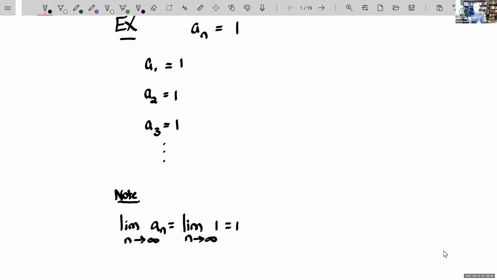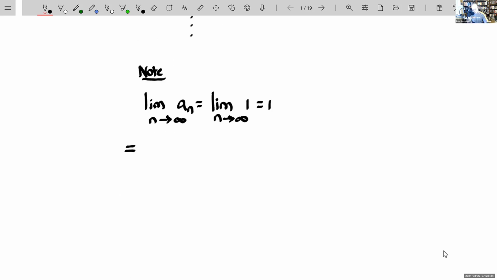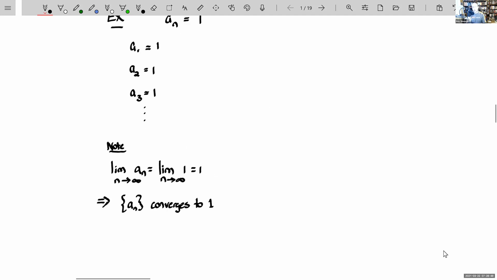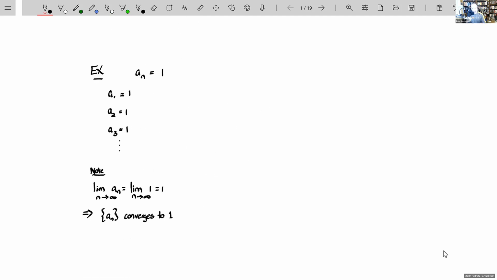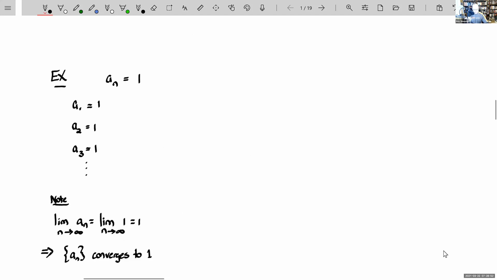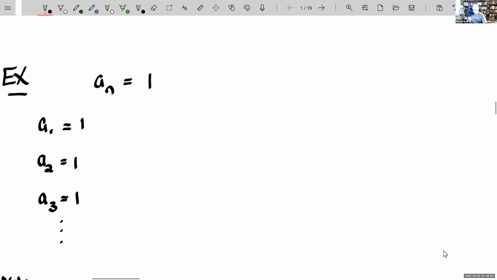The base sequence totally converges. So I'm going to write that down. This implies that the base sequence a sub n converges to 1. There we go. But then you could start talking about the sequence of partial sums. That I don't need a definition for because I'm using the base sequence to build it.